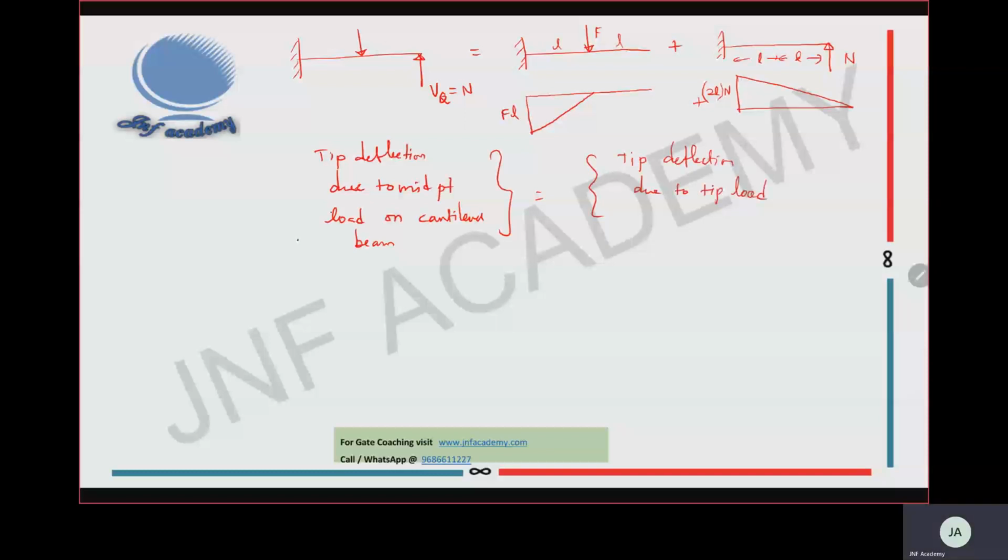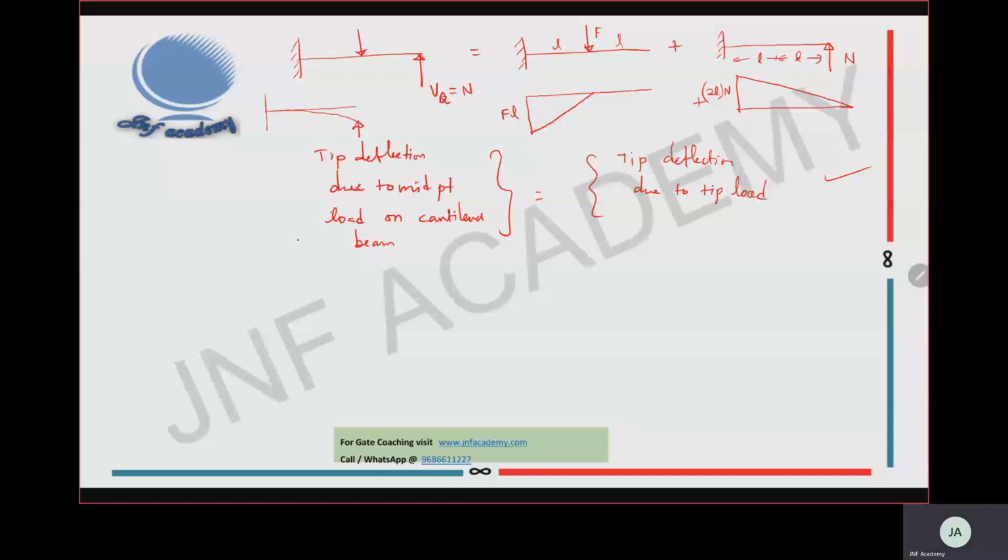Because of this midpoint load, the beam will try to deform like this. Since we have a simply supported end, this will resist, so the net deflection will be 0. That is the reason we are equating this formula.